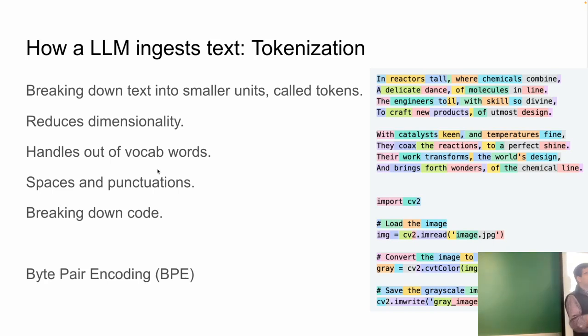Then you repeat this process until you reach a boundary condition. It could be a number of iterations of this algorithm, or it could be the vocab size. If you want a bigger vocab size for your large language model, you can do more iterations.